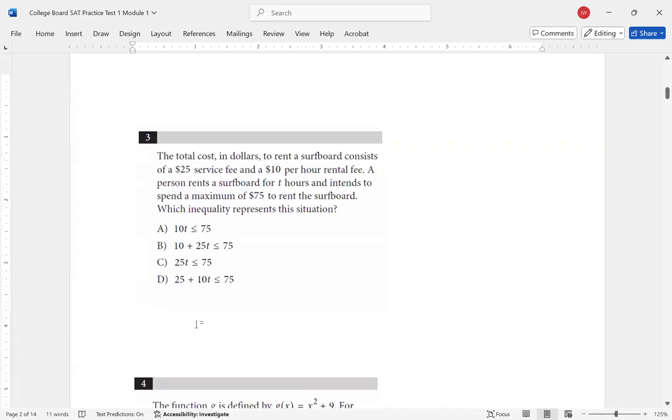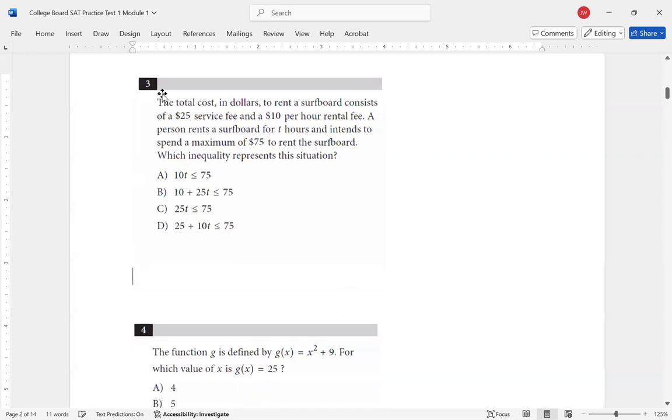Let's look at question number 3. It says the total cost in dollars to rent a surfboard consists of a $25 service fee and a $10 per hour rental fee. A person rents a surfboard for T hours and intends to spend a maximum of $75 to rent the surfboard.